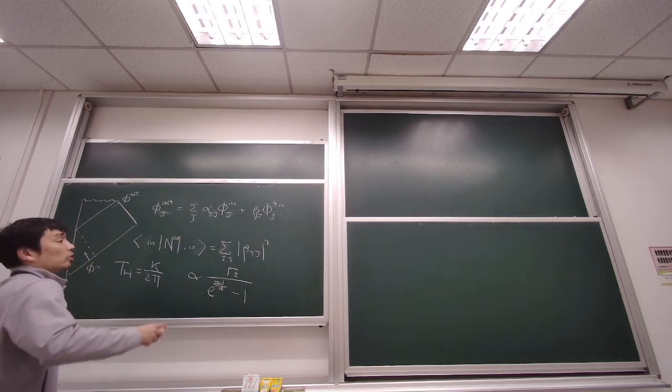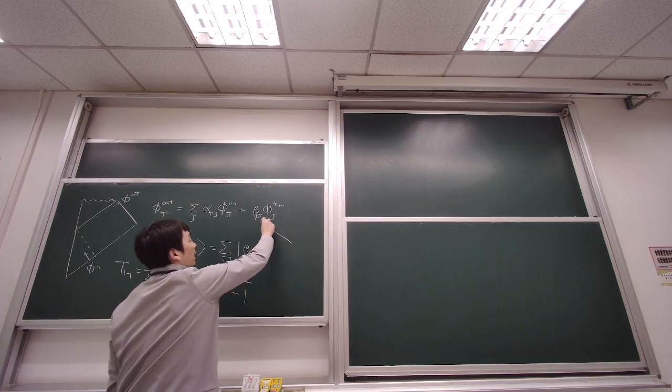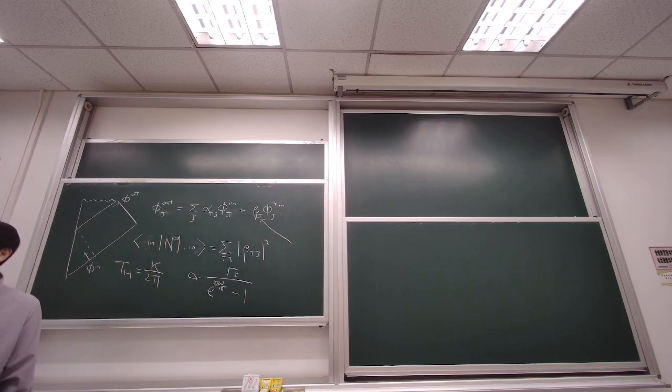So to find this in the form of beta, we did lots of analysis last time, but the essence is just that the mode expansions here and here have different bases.